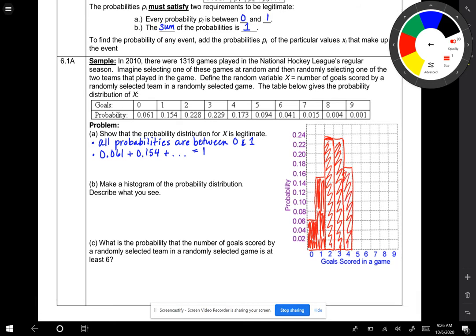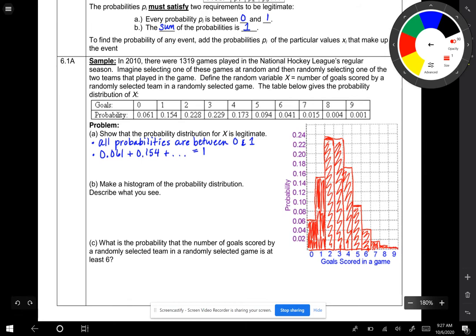Next one, 0.094. For 6 goals, 0.04. For 7 goals, 0.015. For 8 goals, 0.004. And 9 goals, just barely a line there.